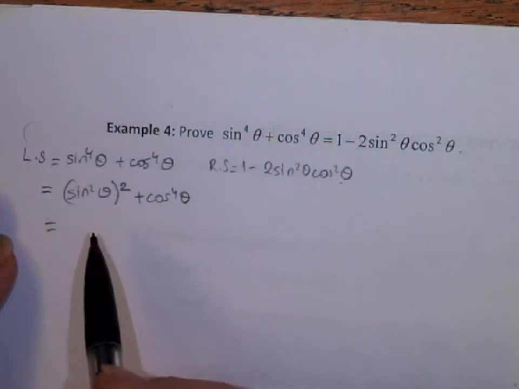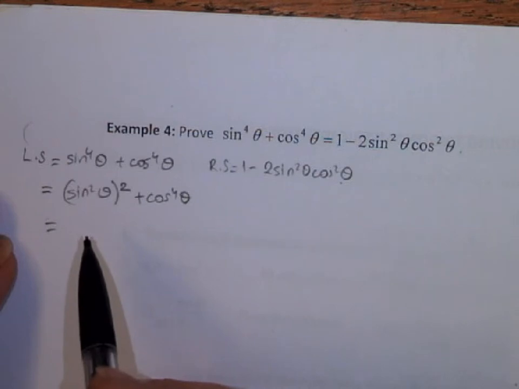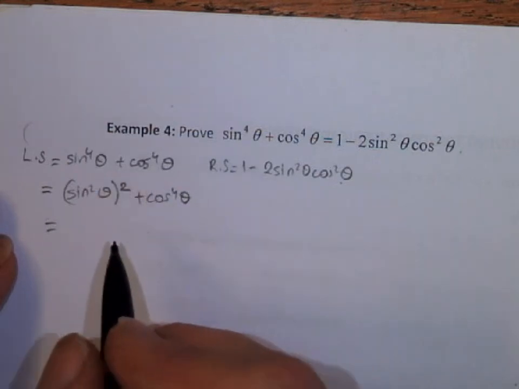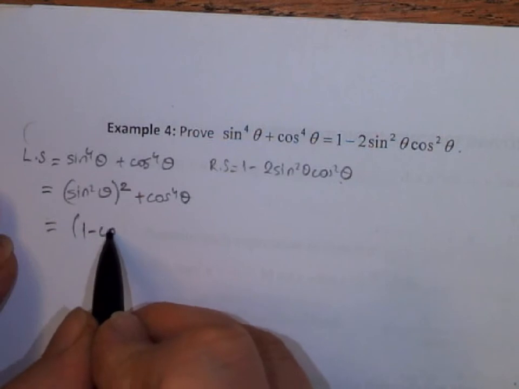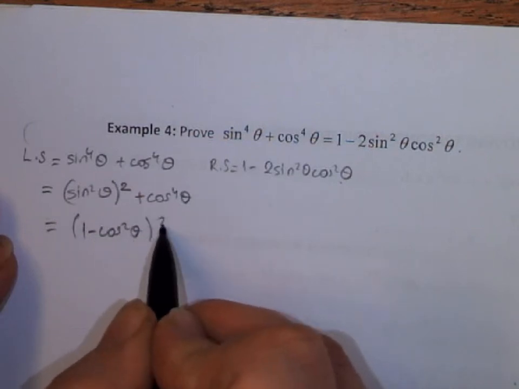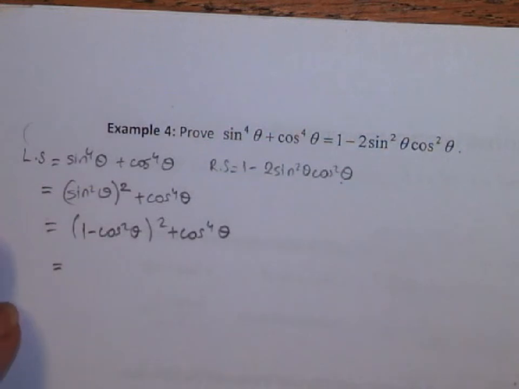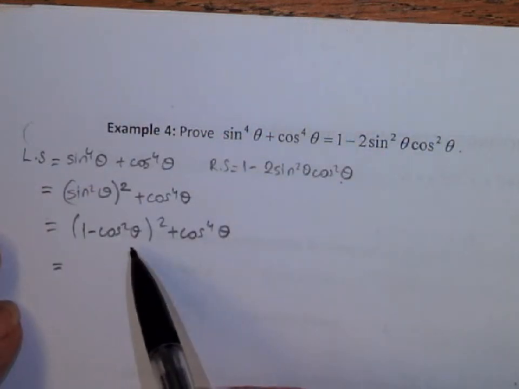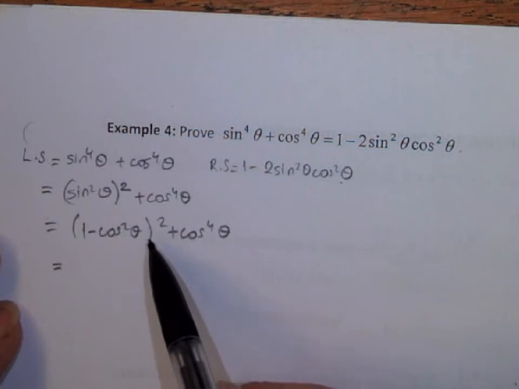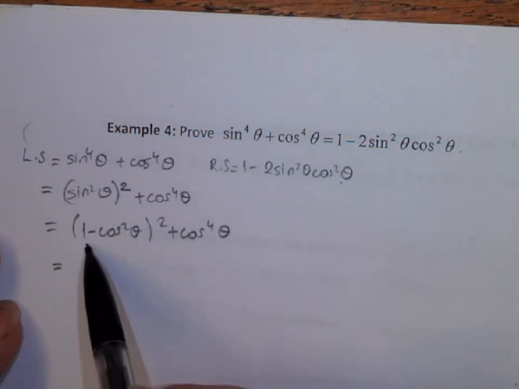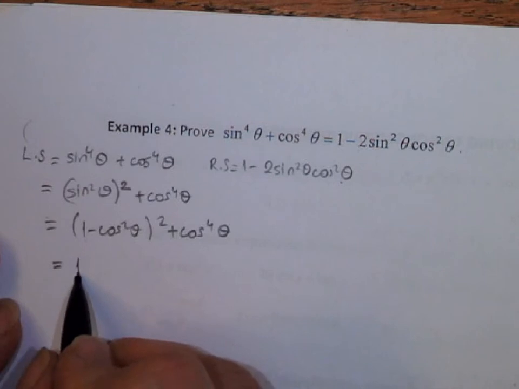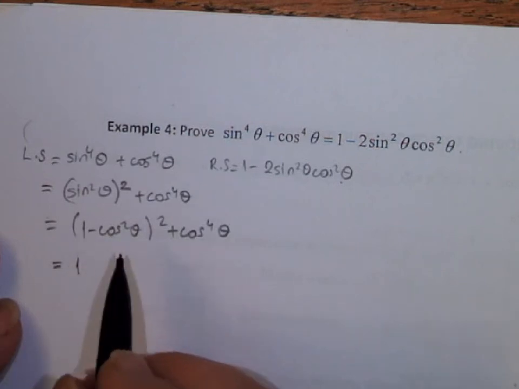Now using Pythagorean identity, we can replace sine square theta with 1 minus cos square theta. Now you can expand this, okay, 1 minus cos square theta squared. So square of 1. Multiply first and second, multiply by 2.